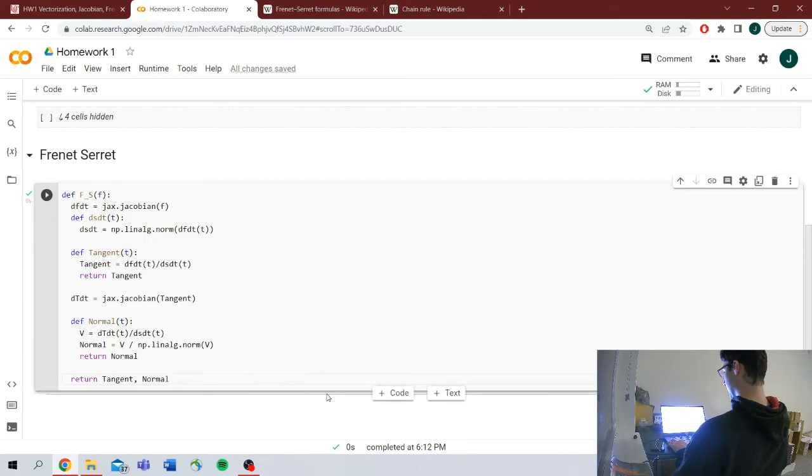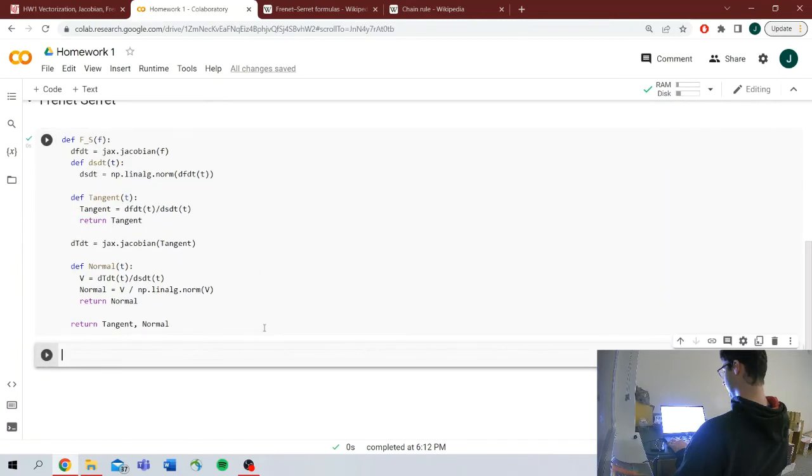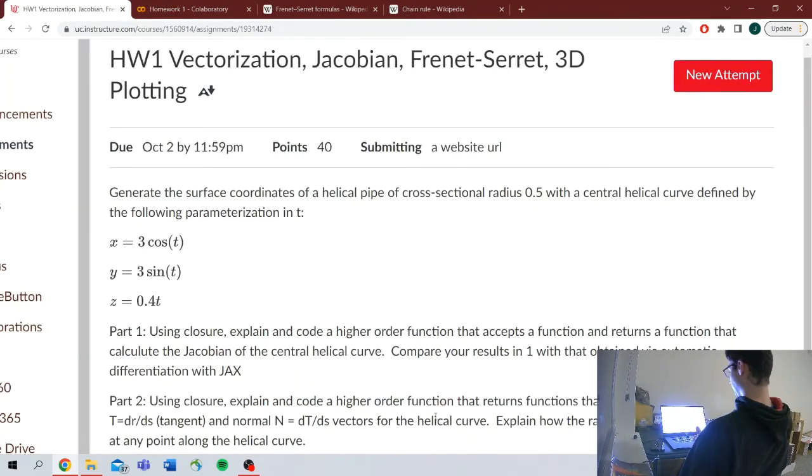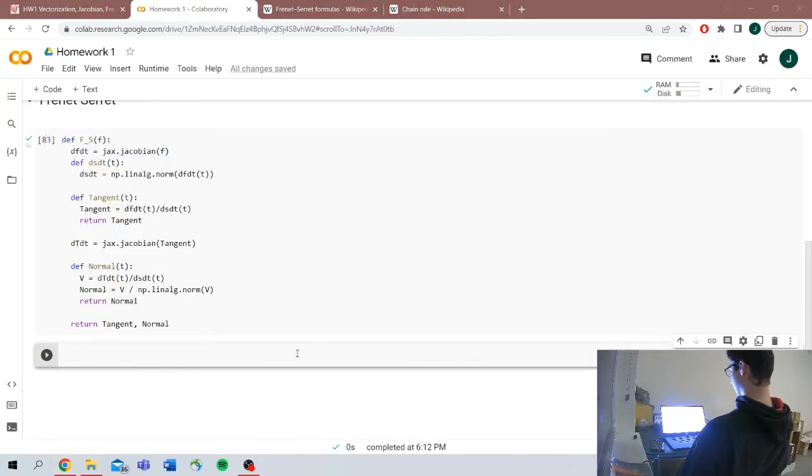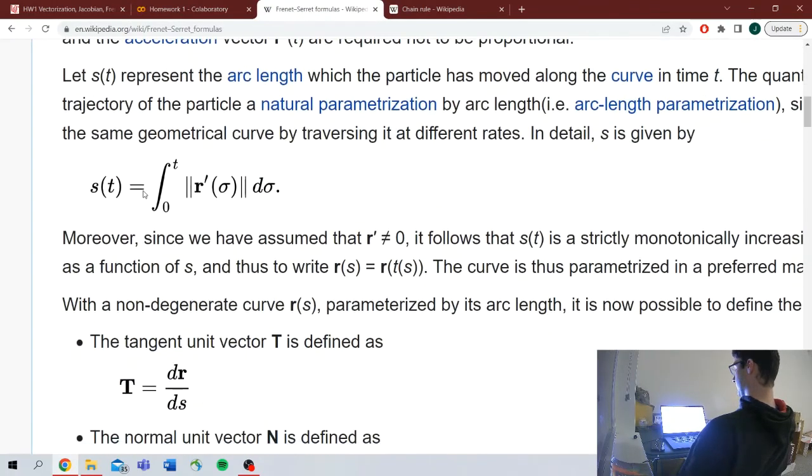So let's just give it these extra spaces. Run that again. All right, so now that we've built this function that can give us both the tangent and normal vectors, the way you can calculate the curvature is by doing this guy right here.